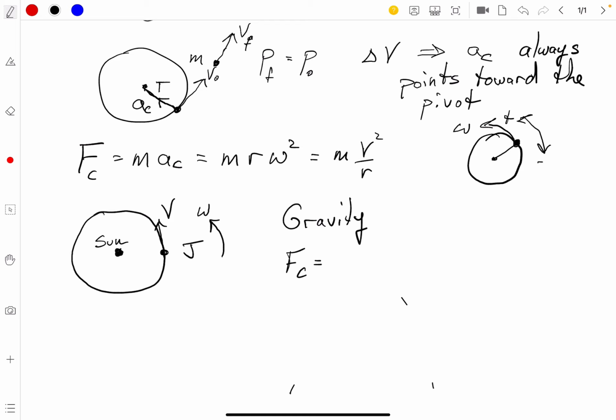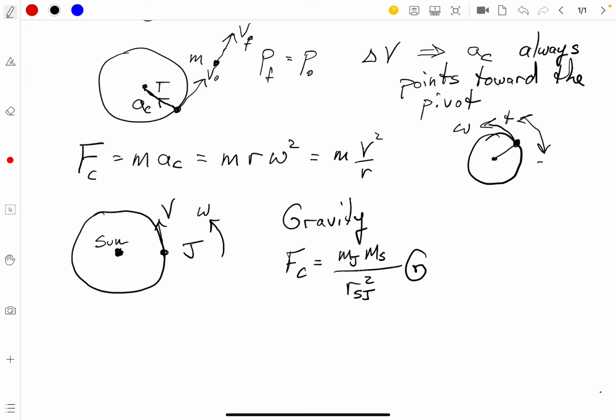How do I want to do this? I'll say mass of Jupiter, mass of Sun, and then we have to have the radius of the Sun, Jupiter squared times big G. I haven't put in the actual numbers for these constants. I'm going to give those to you. Don't waste your time putting those in.